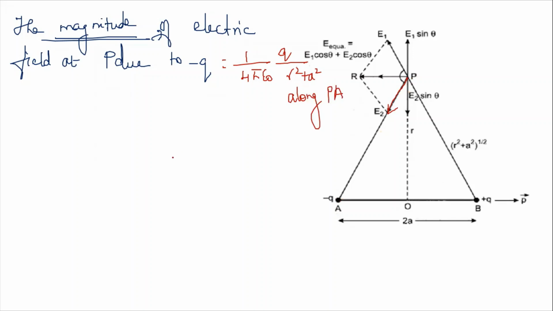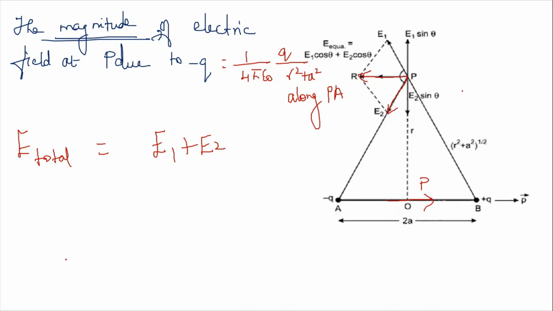Now, to find out the total electric field, as we did earlier, E total will be equal to E1 plus E2. But one thing you should understand, see the diagram here. The direction of the dipole is in this direction, negative to positive, okay? Whereas the direction of the electric field is opposite to the direction of the dipole moment.